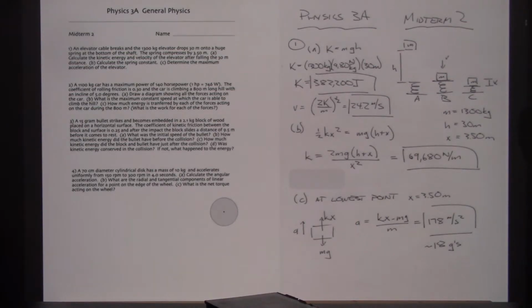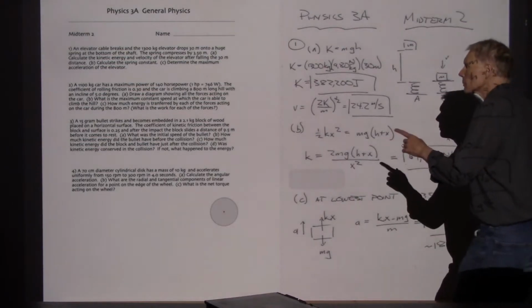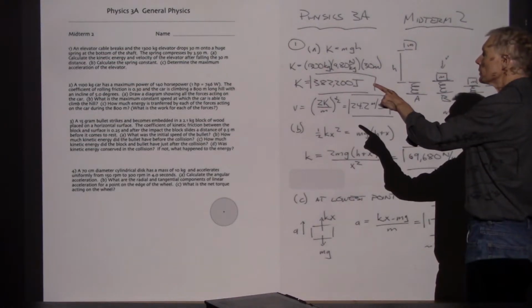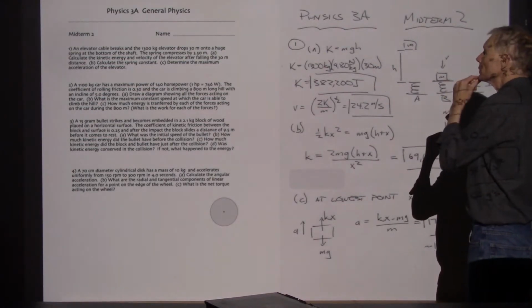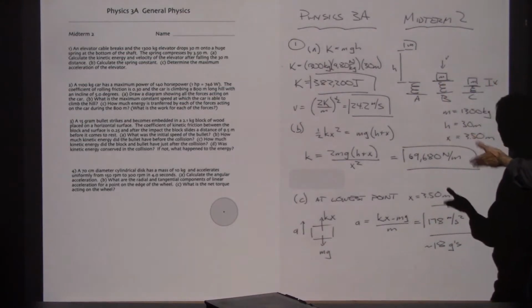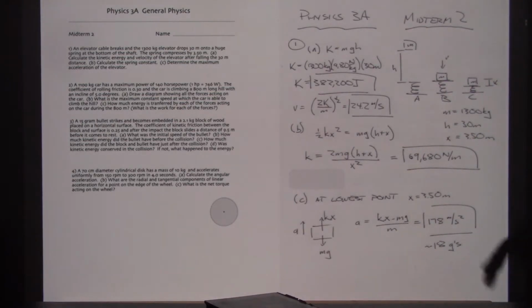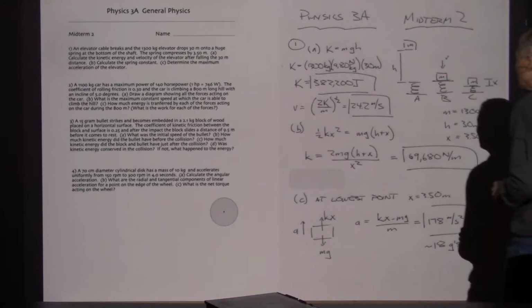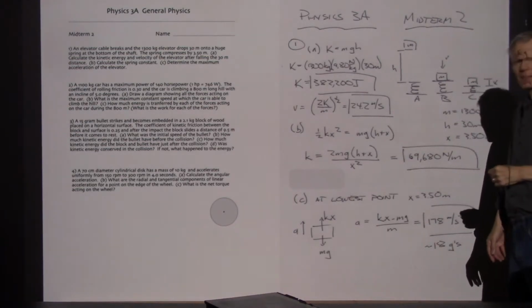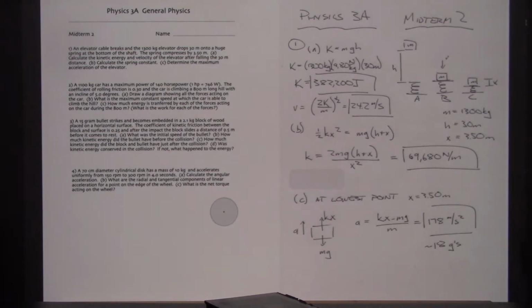We'll see. Now, in part B, it says, from this information, calculate what the spring constant is for that enormous spring down at the bottom. And I'm guessing the spring constant has to be pretty large, because it's got to be able to support an elevator, right?